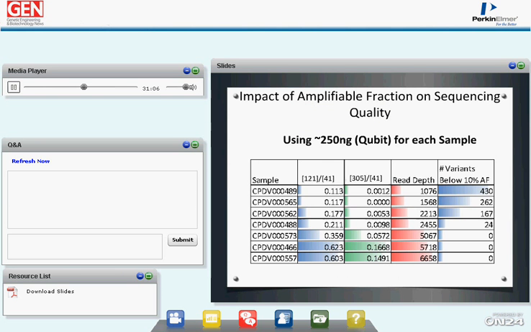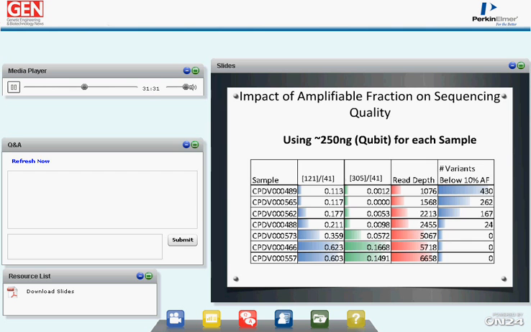So then we took this qPCR assay and said, let's look at the sequencing performance. Here are those 7 samples again, putting in 250 nanograms into the next-gen assay. And what you can see from top to bottom, the bottom samples being more intact and less degraded, is that the sequencing read depth, or the column with the red, correlates perfectly to the amount of degraded DNA.